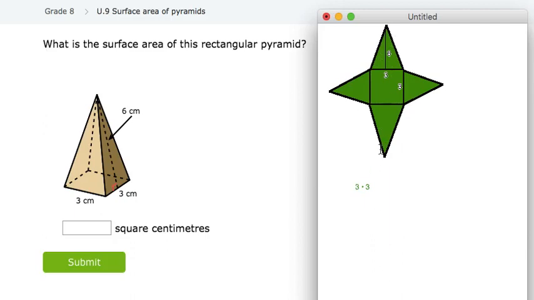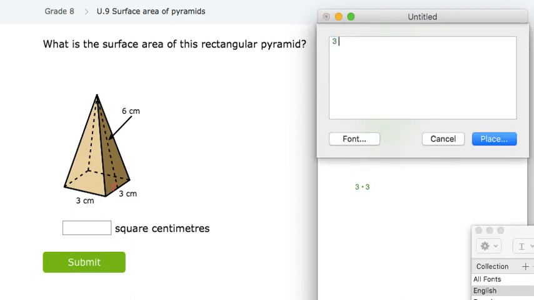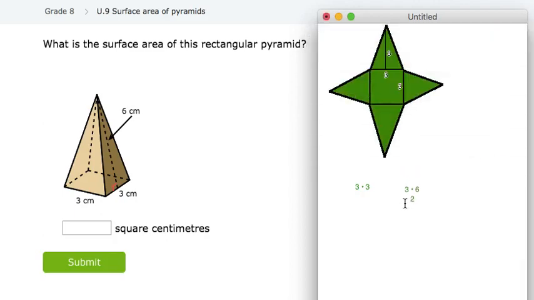And I have to add to that the area of this triangle, and so it's going to be base times height divided by 2. That will give me the area of one of those triangles. And so 3 times 6 divided by 2 will give me the area of that triangle.